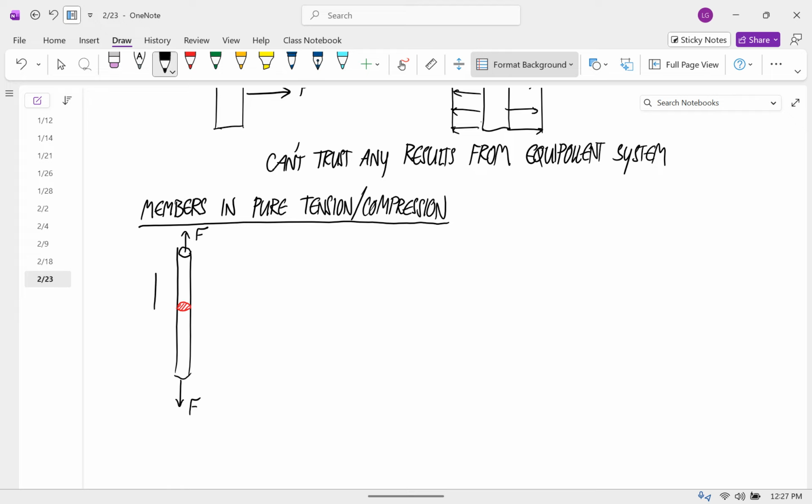And I'm going to use a coordinate system, sort of like the one that we use in the tensile test. So the x-axis is that way, y is this way, z is this way. Then the only non-zero stress is sigma xx.